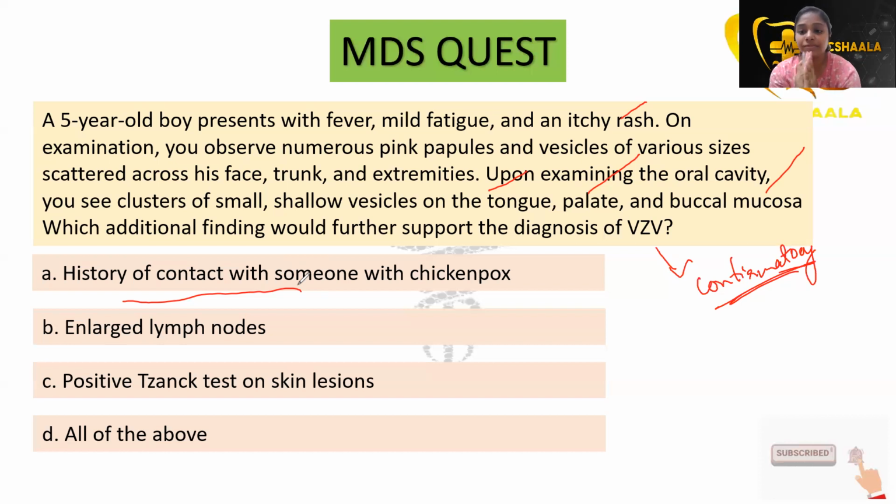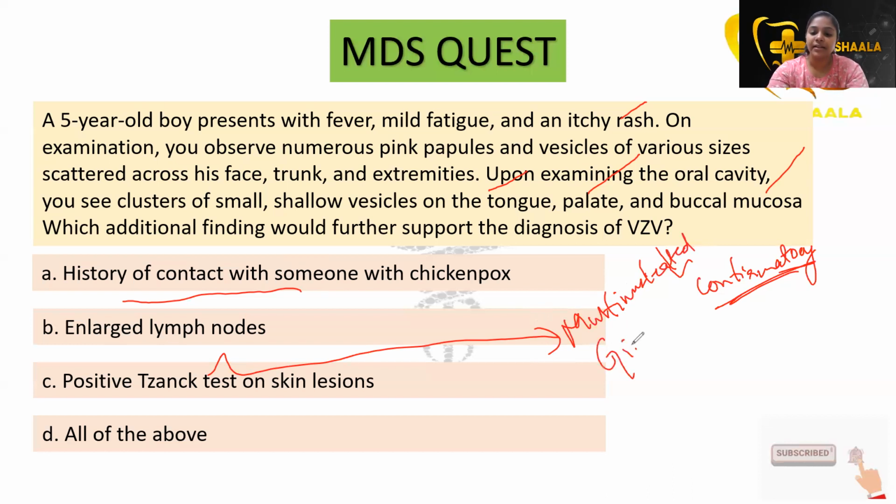Then coming to positive Tzanck test of skin lesions. When the Tzanck test is performed with the skin lesions of this boy, it will be positive. The Tzanck test will show multinucleated giant cells.